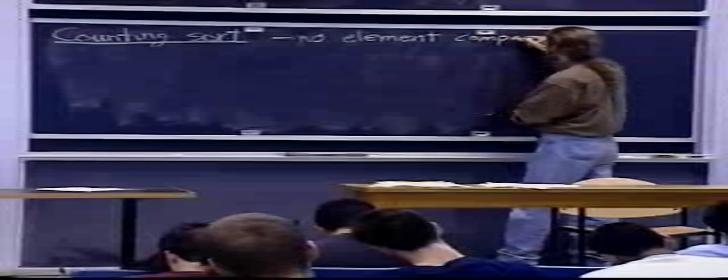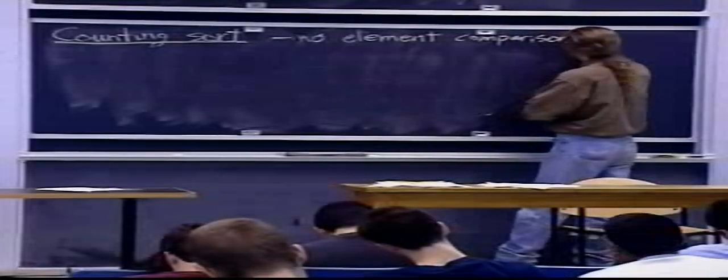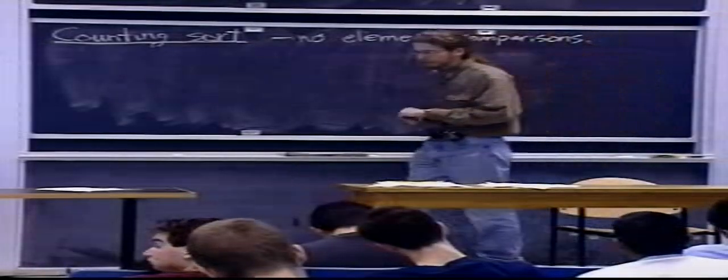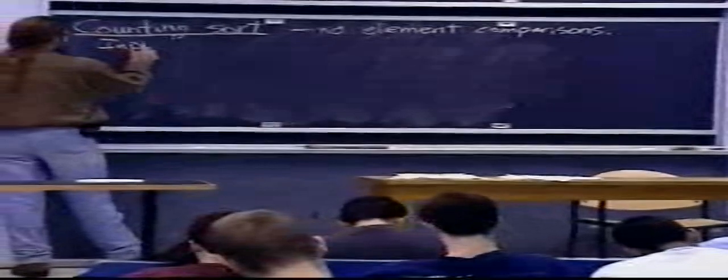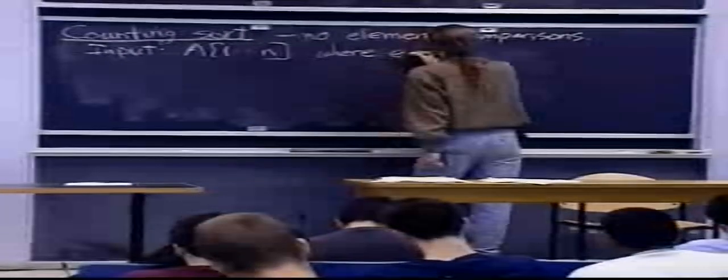So what does counting sort do? It's not going to make any comparisons, and it's going to use this idea of buckets. So the input is some array, A1 up to AN, with a property.